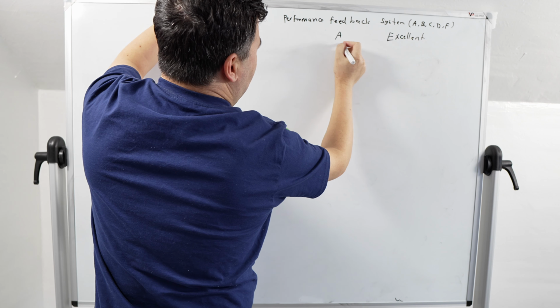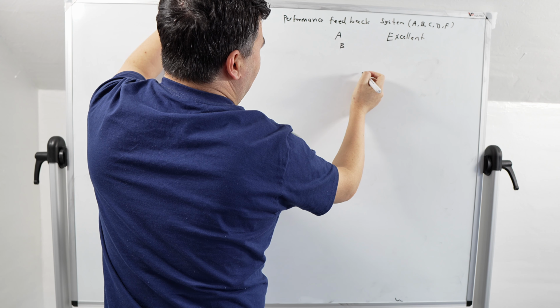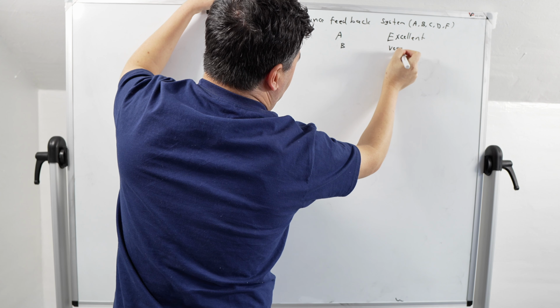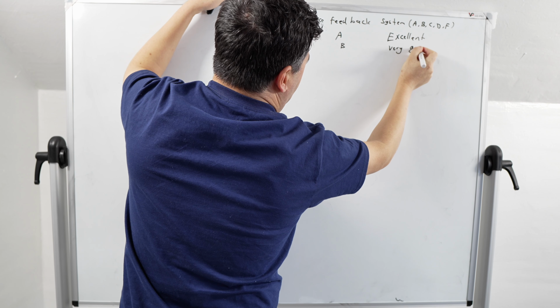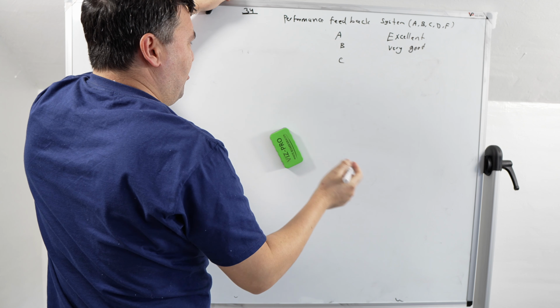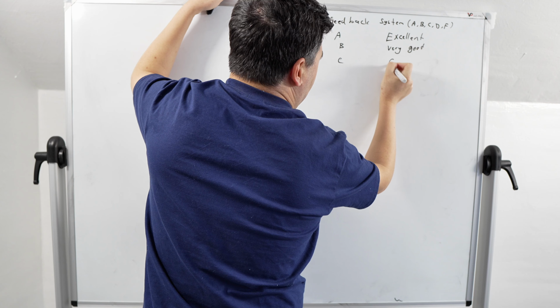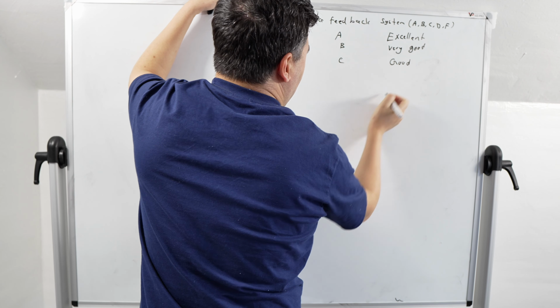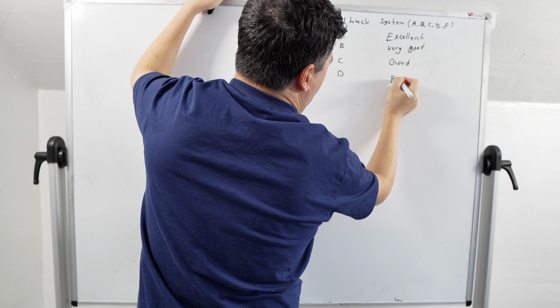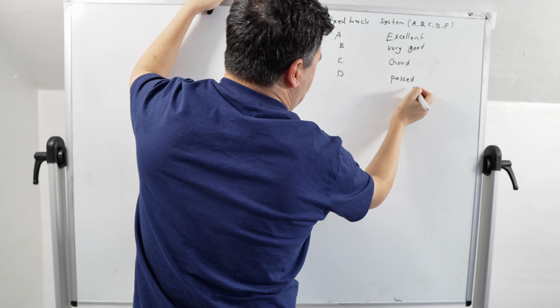If the user enters B, the program says very good. Your grade is very good. If the user enters C, our program outputs, your grade is good. If the user enters D, our program should print out passed.